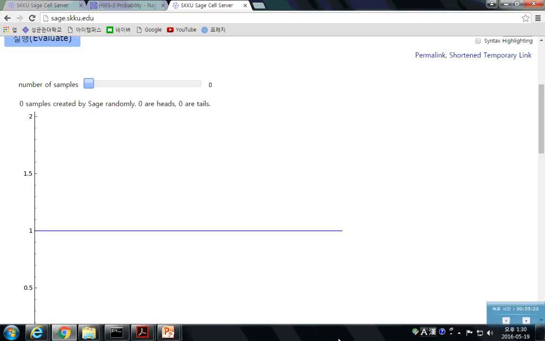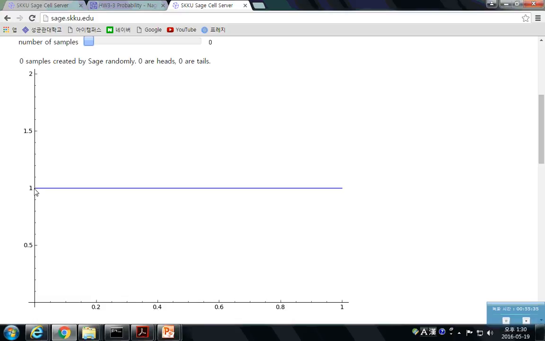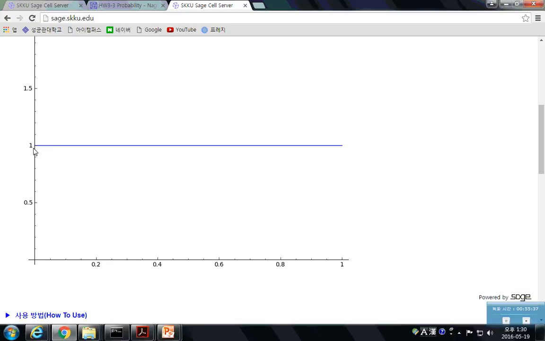And I want to toss this coin, and I want to compute the probability that I can get a head. It can be head or tail, right? But let's say I don't know at first what the probability is. So at the very beginning, the probability that I can get a head is 100% everywhere, meaning that it can be 0%, 20%, 40%, 60%, or 100%. So I don't know anything yet at this point.